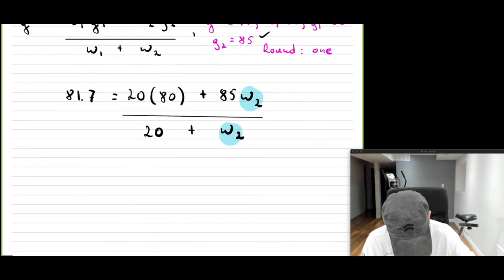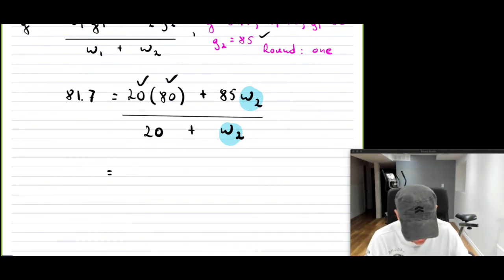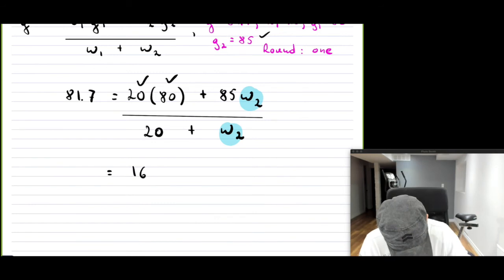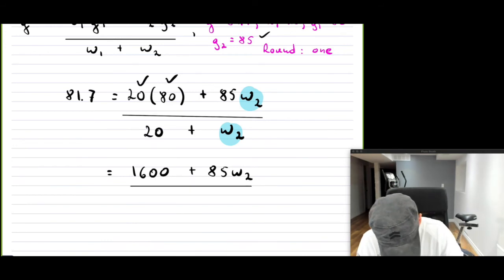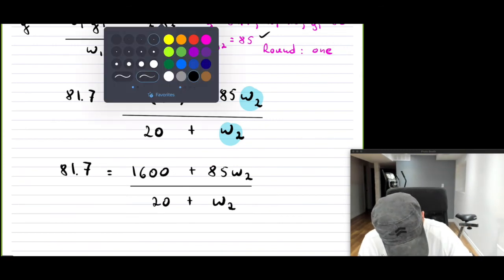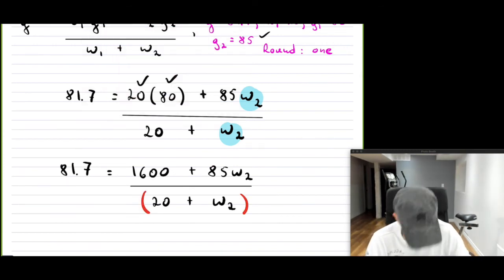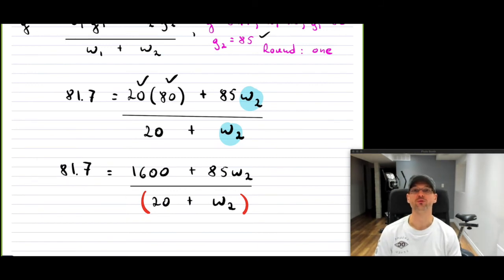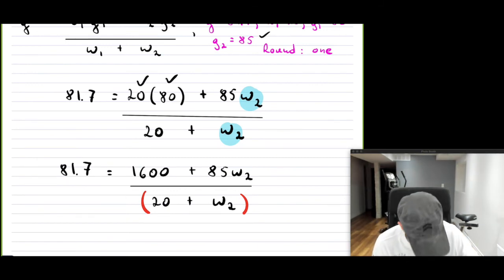So again, first we simplify as best we can. So 20 times 80, that's going to be 1600 plus 85 W2. Okay, so nothing really to do here yet. Now, this denominator, again, we do not want it. So we're going to be multiplying both sides by this.